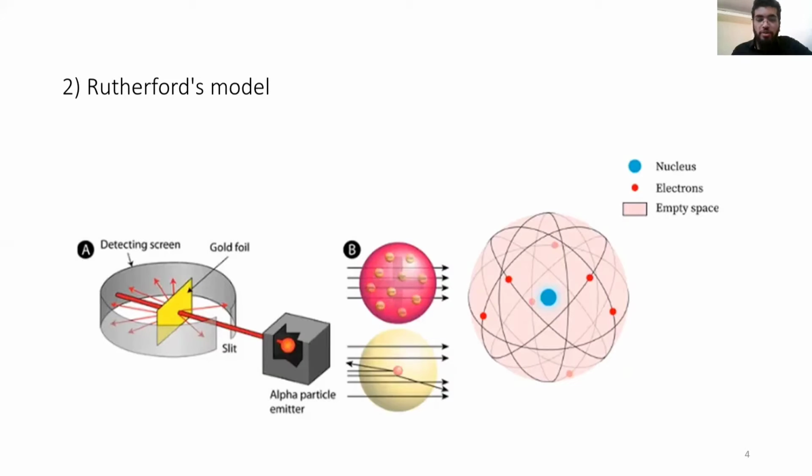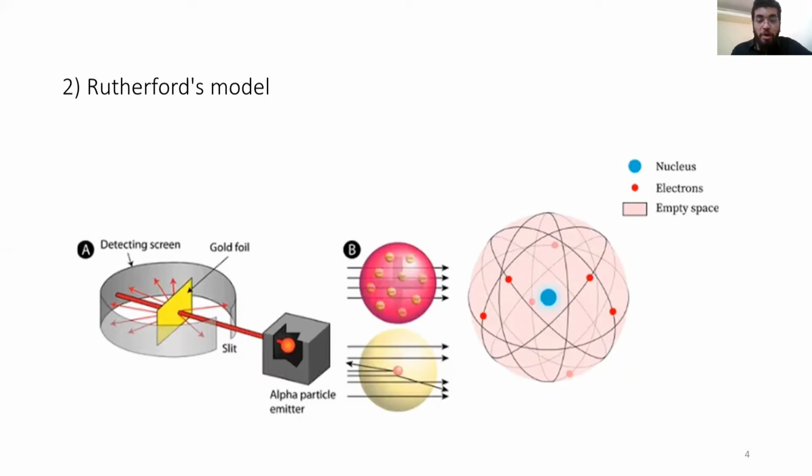But his theory was not completely accepted as it was not able to justify the stability of matter. We know that all the matter we see around is stable, right? But he proposed that electrons continuously revolve around the nucleus. Anything that revolves will emit energy and will not be stable. So that's a drawback of Rutherford's model.